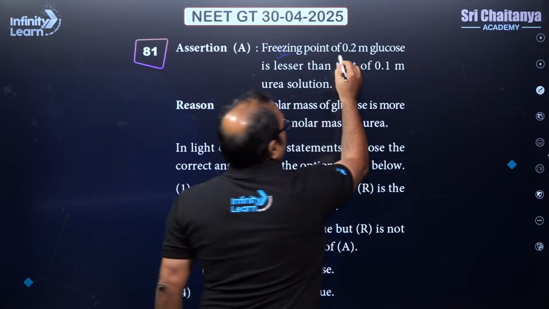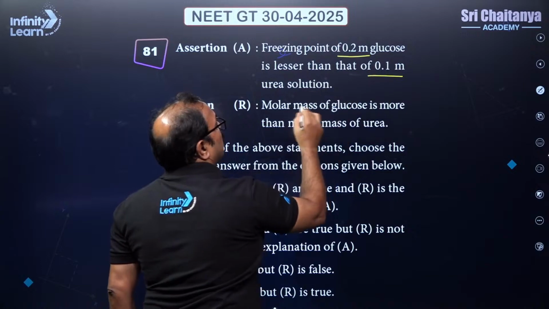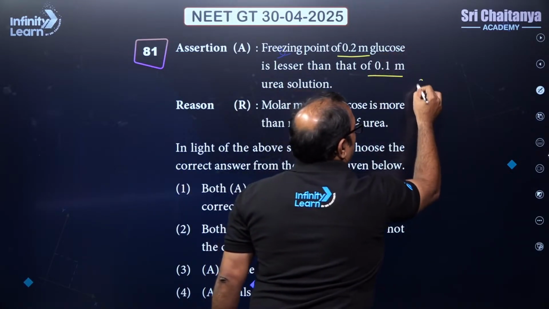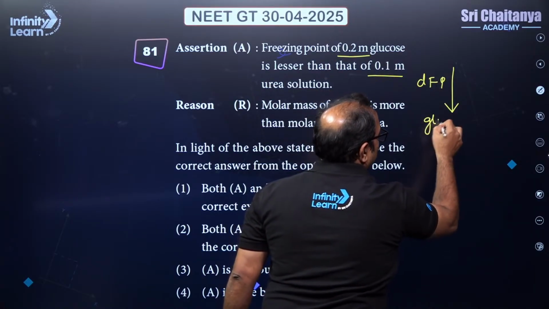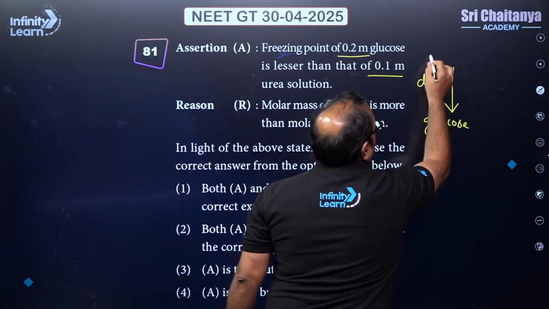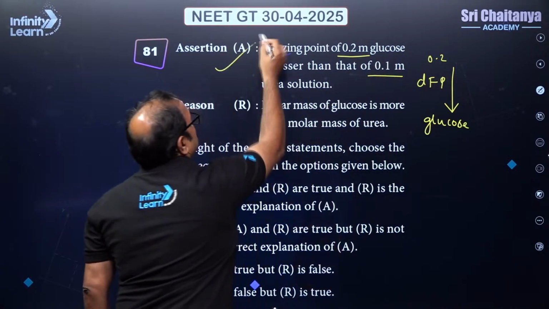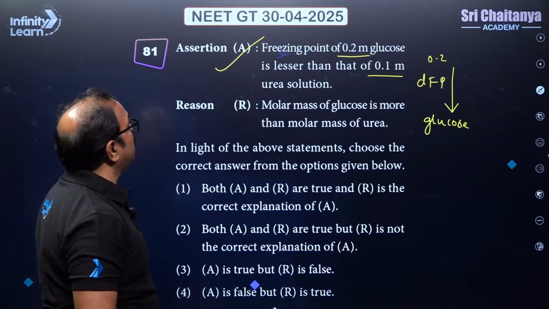You have more particles in this case because both are non-electrolytes. This is 0.2, this is 0.1. When you have more particles, the depression in freezing point will be more. So it will be more in the case of glucose because it has 0.2 moles per liter compared to urea. Therefore this is a correct statement.